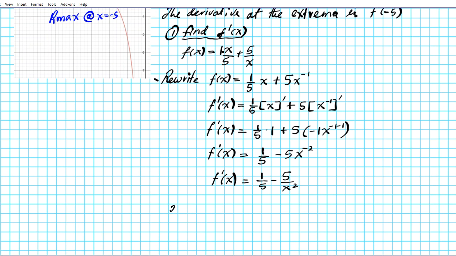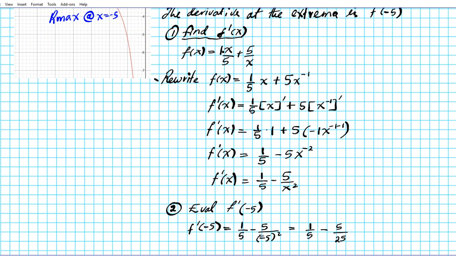Part 2 is to evaluate the derivative at the specified extrema, which is -5. Alright, so f prime of -5 is 1 over 5 minus 5 over (-5) squared, which is equal to 1 over 5 minus 5 over 25.